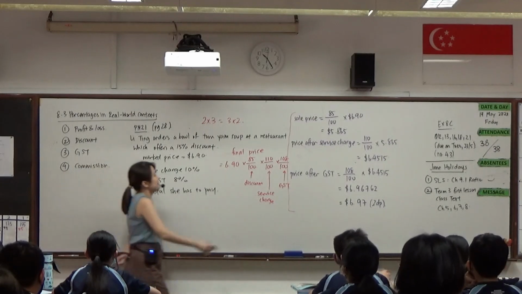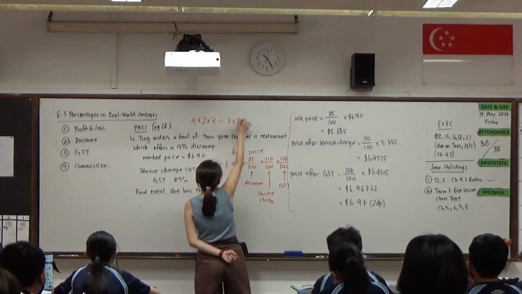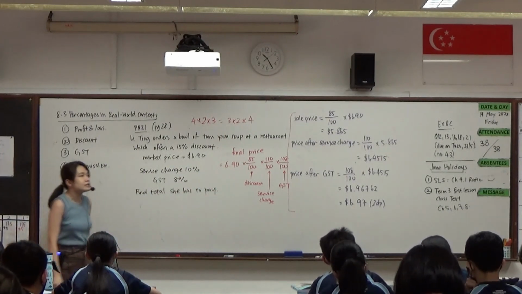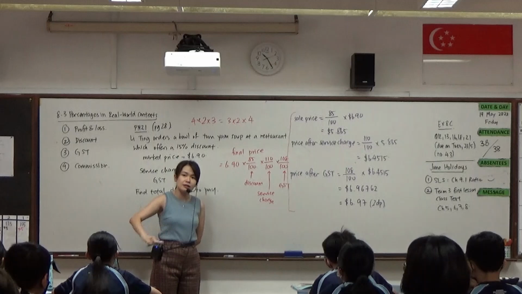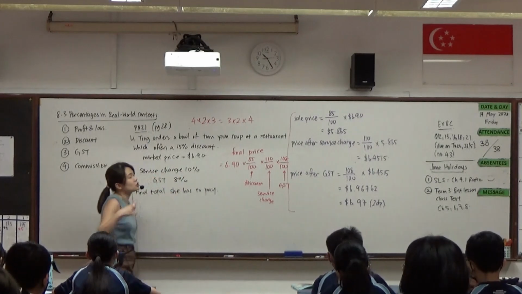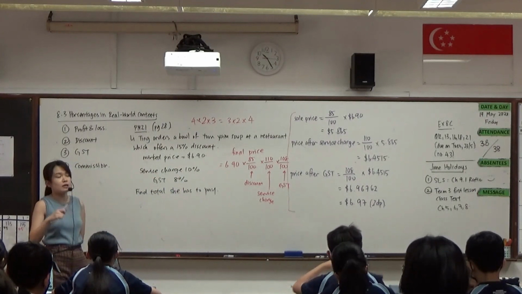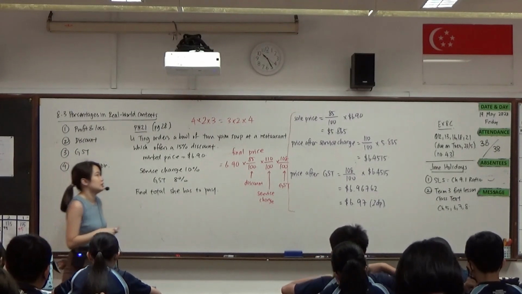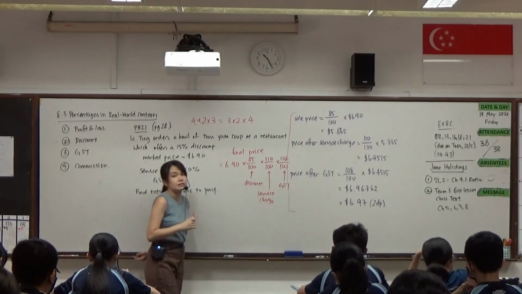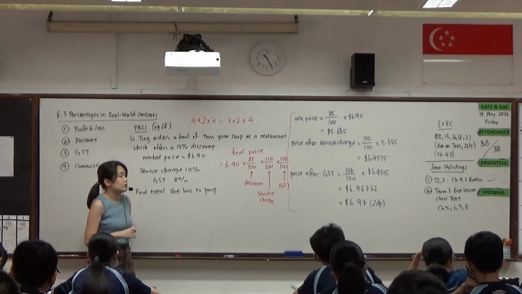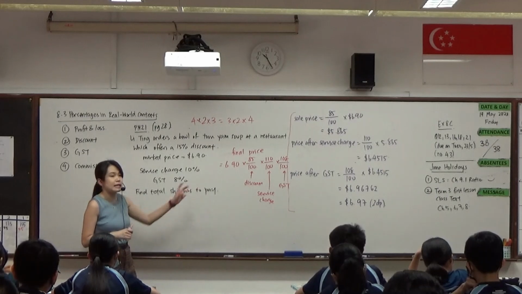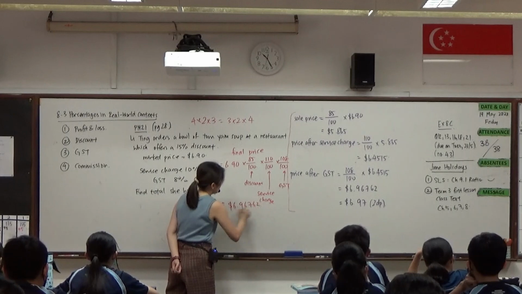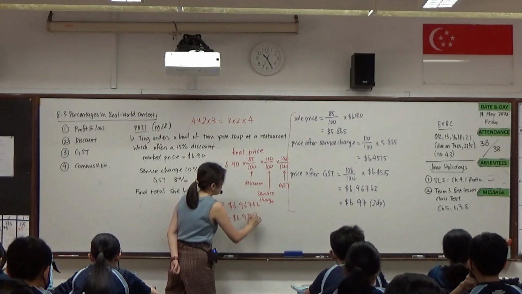Even if I have 2 times 3 times 4, it really doesn't matter, the values are all the same. Just that we think in a very sequential manner. We know that sequentially we should take the sale price first, taking into account the discount, then the service charge, and then your GST. That's why we proceed in such a sequence through logical thinking, although computationally it doesn't matter. So we will get the same price of 6.97.